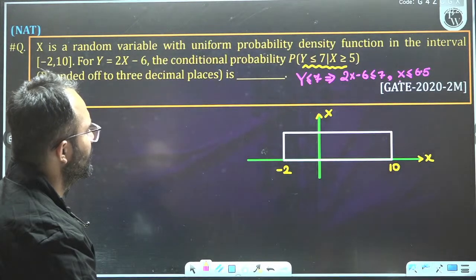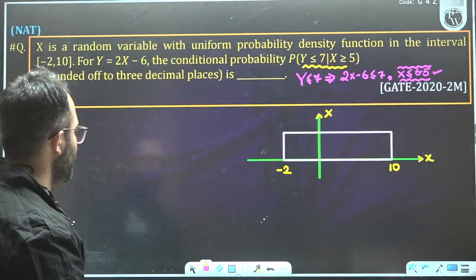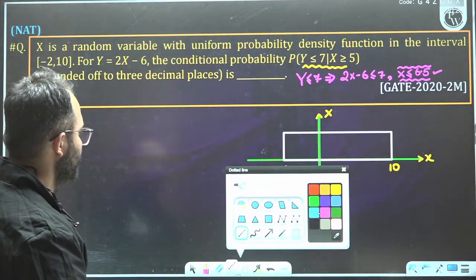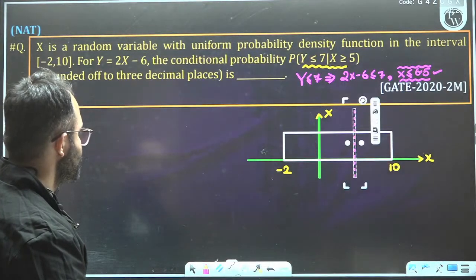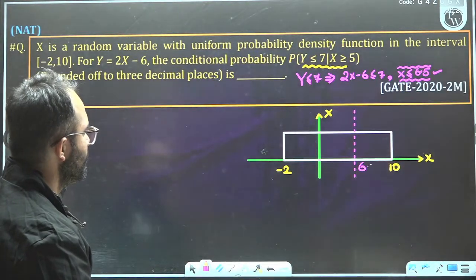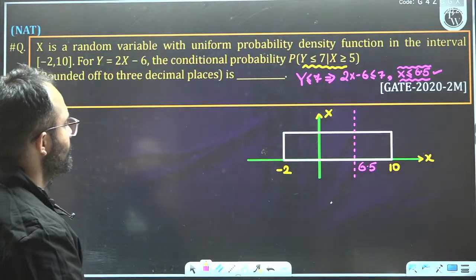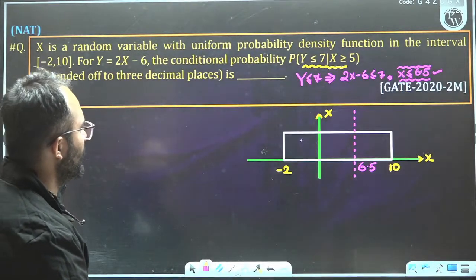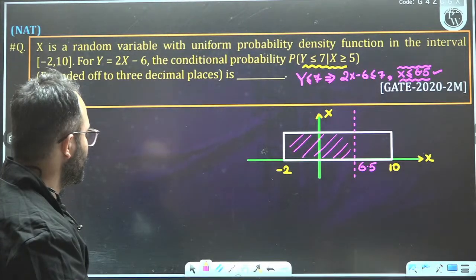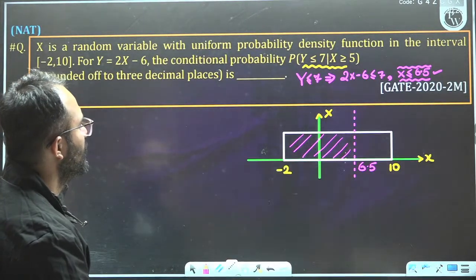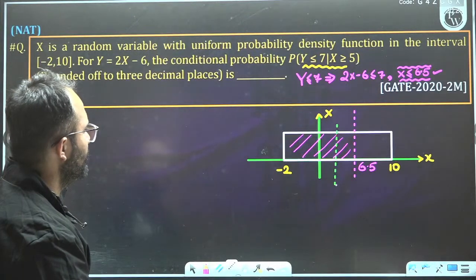X should be less than 6.5. Okay, X should be less than 6.5. This X should be greater than 5.